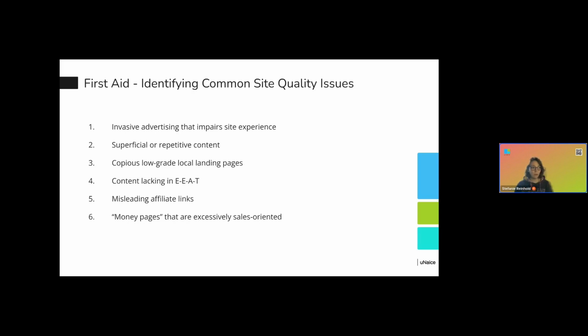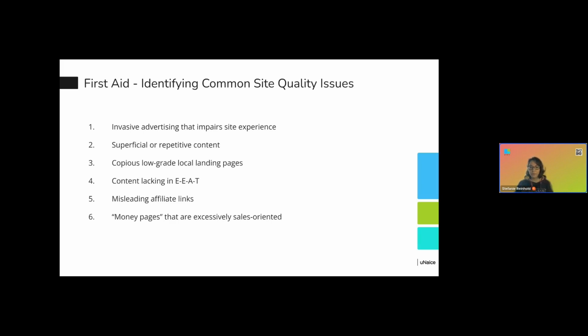Obviously, superficial or repetitive content. Again, this is due to the new EEAT, the second E that has now been added. Also, copious low-grade local landing pages. Have a look at your website in its whole and see if you have a cohesive structure.